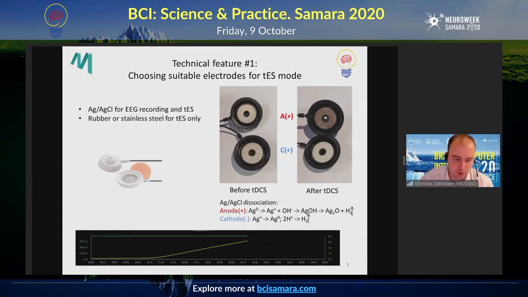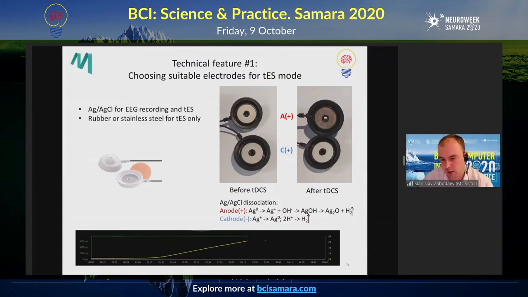This is what happened to the silver chloride electrode. Its impedance went up. It no longer conducts current. You cannot use it for stimulation anymore because there's no silver at the top. So silver chloride is not really useful here.